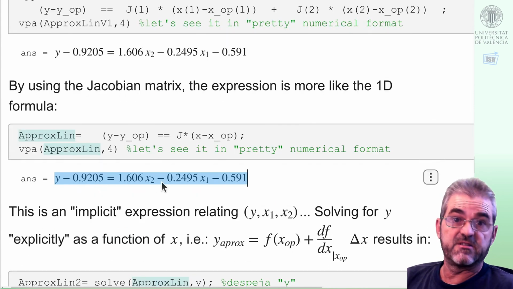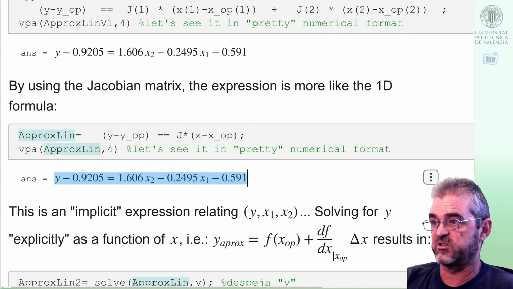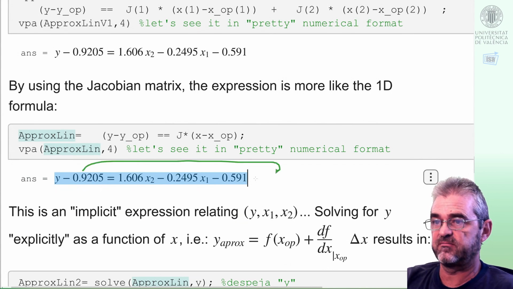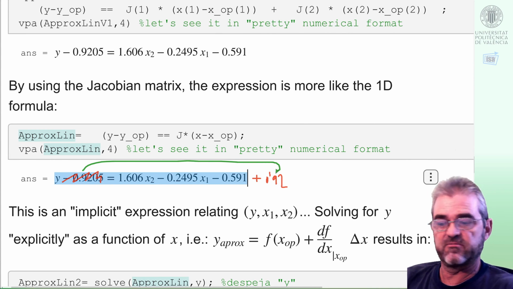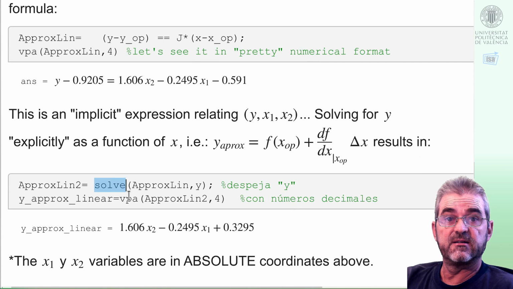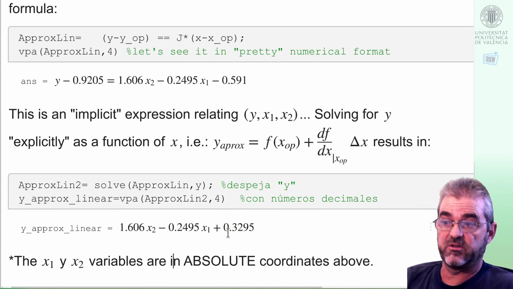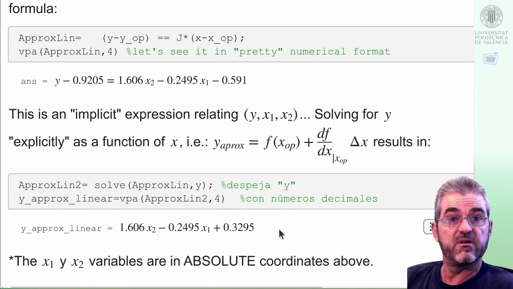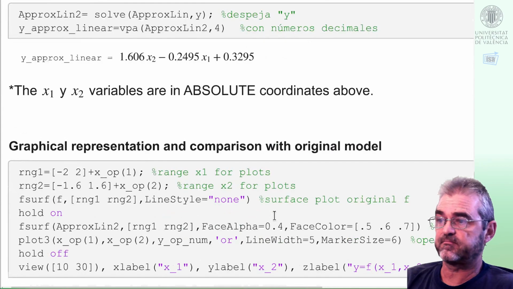This is an implicit expression. In order to plot y, well, we just need to put this to the other side and plot that function y, which is the approximation. Solving for y is done in this line by the symbolic toolbox, giving me the highlighted expression, and then if I plot this function and the original one, they are both in absolute units, not incremental ones.